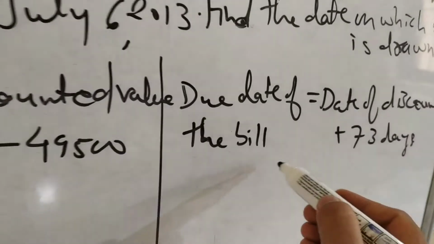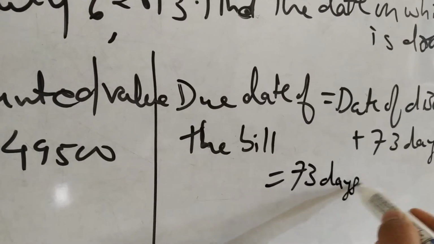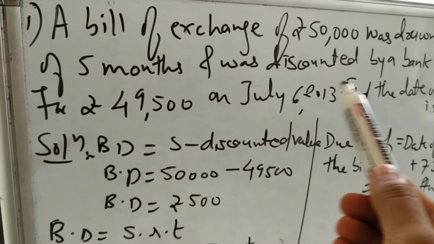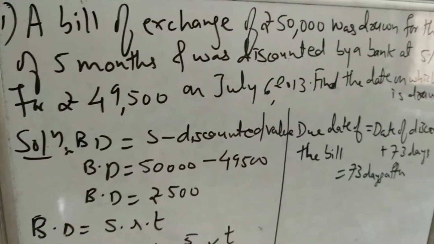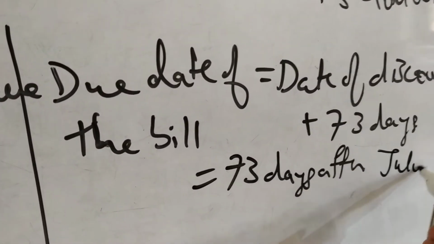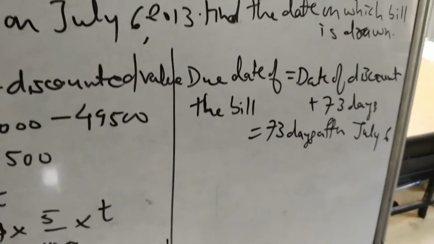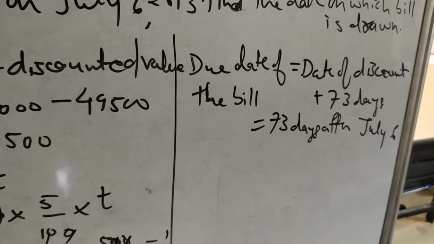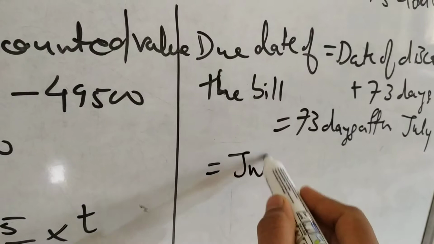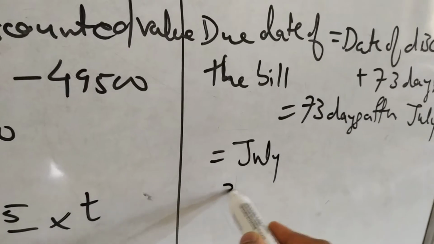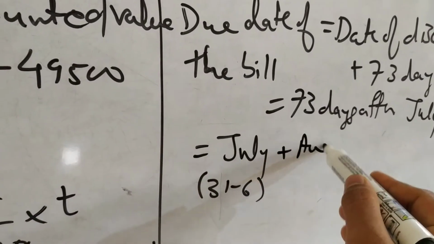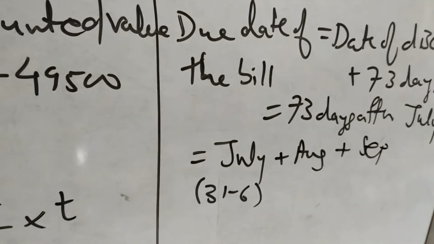That is 73 days after when the bill was discounted. The bill was discounted by a bank on July 6. So 73 days after July 6. So let us calculate 73 days after July 6. So let us list: July has 31 days minus 6 comes to 25, plus August, plus September.